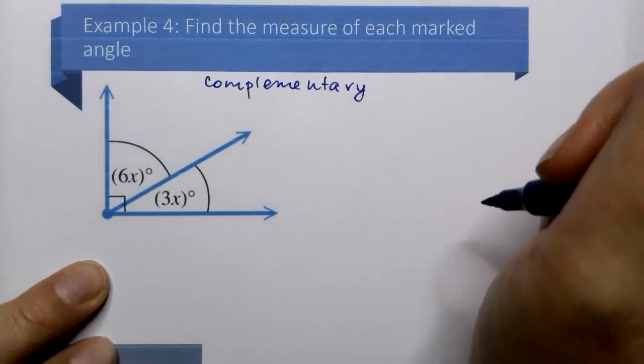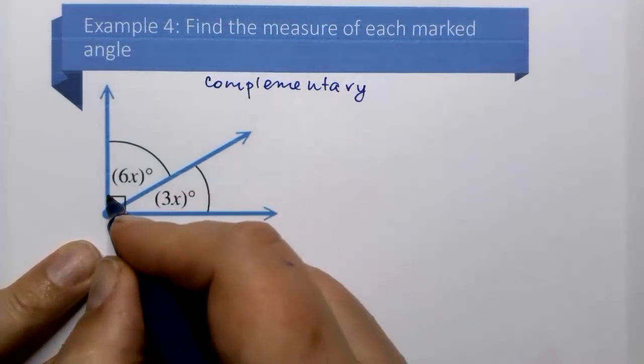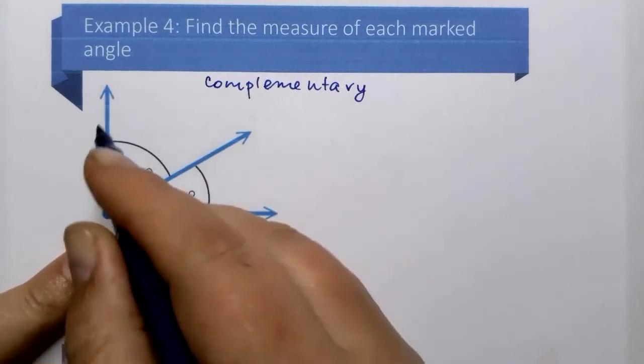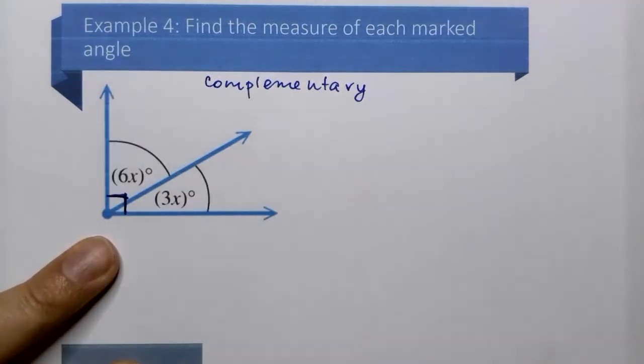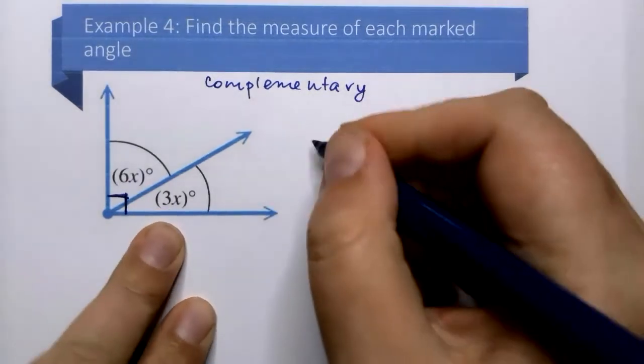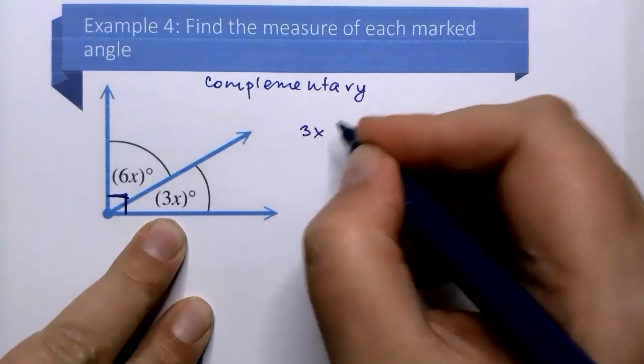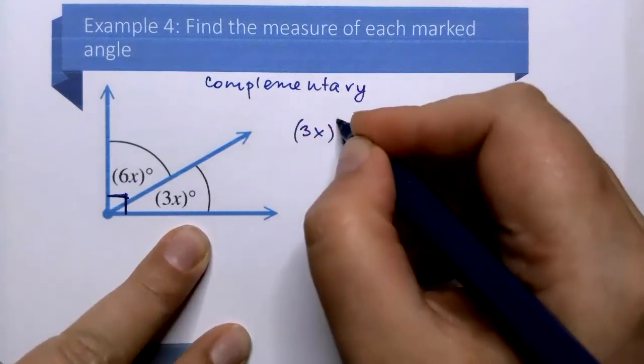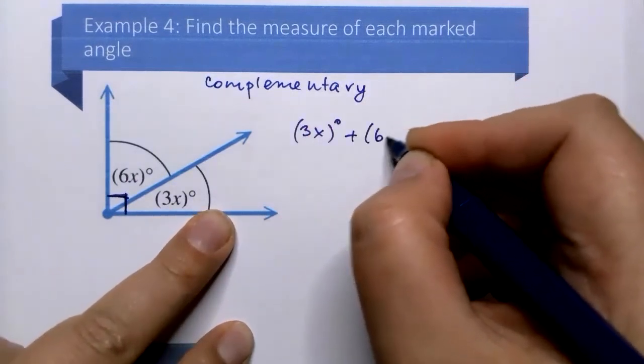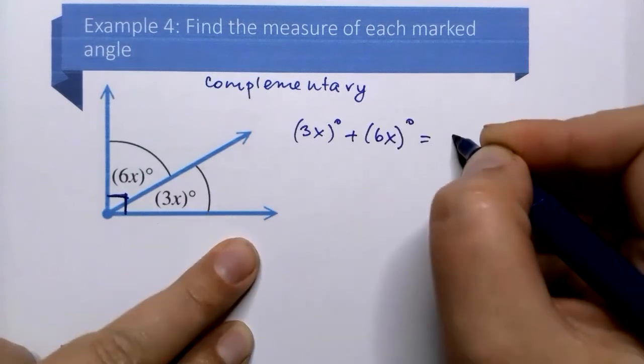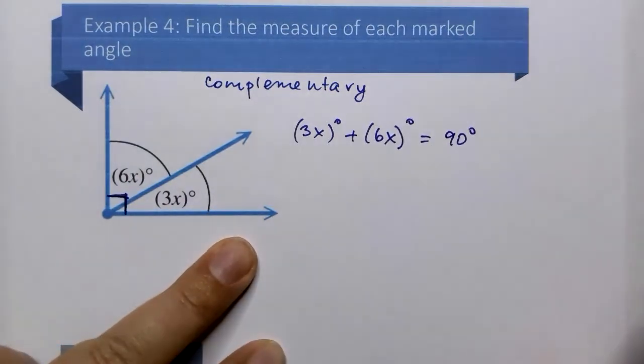Well, we know they're complementary because we have this angle mark here, which tells us that this angle is a 90-degree angle. Okay, so we know that if we add these angles, then we're going to get a 90-degree angle.